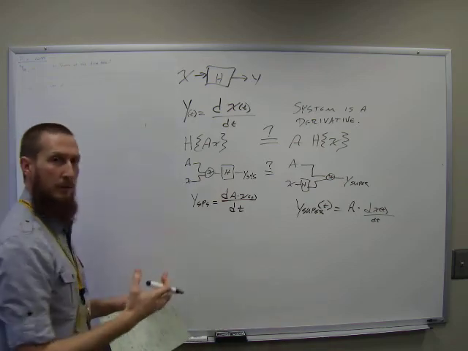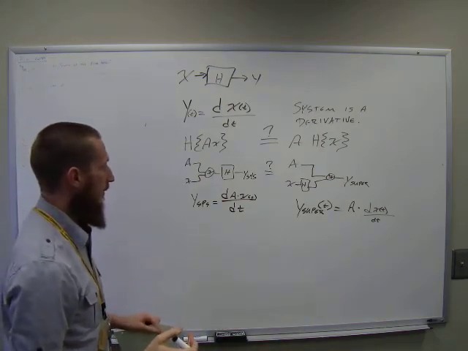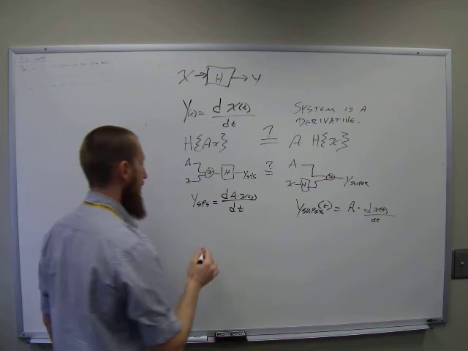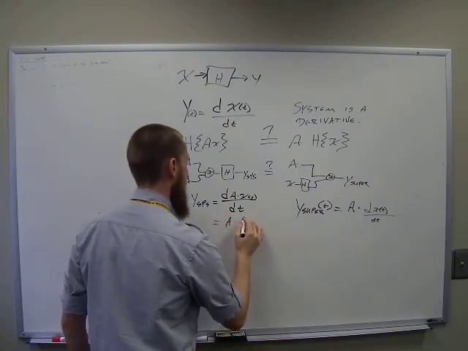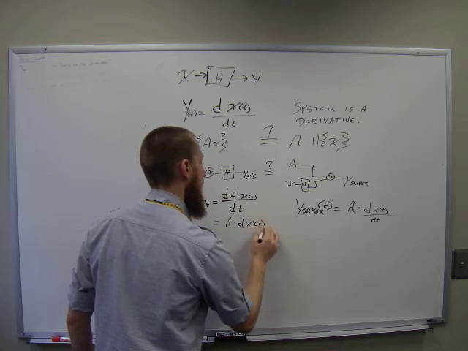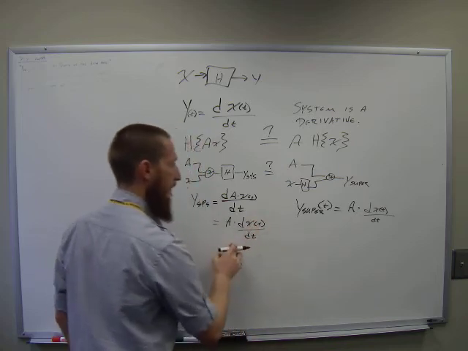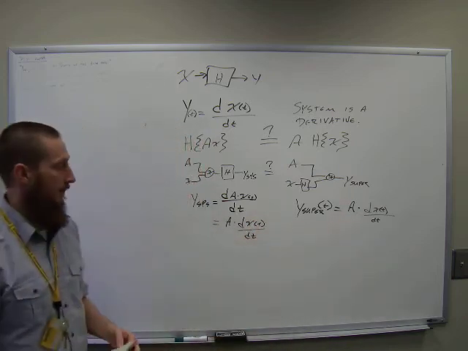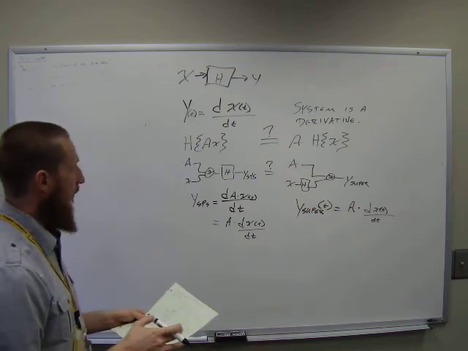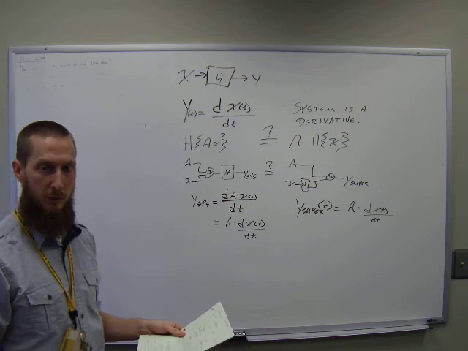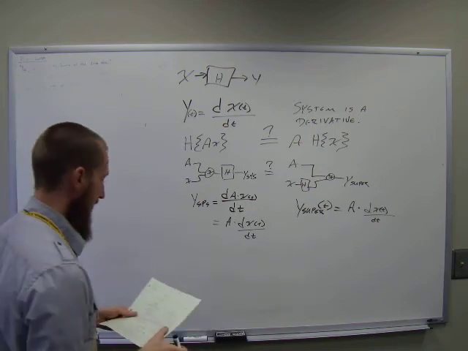Are these equal? The derivative has a multiplication property, or a commutative property, excuse me. So this is equal to a times dx of t dt. That and that are the same. It passes this check. So, by the first property of superposition, it passes.